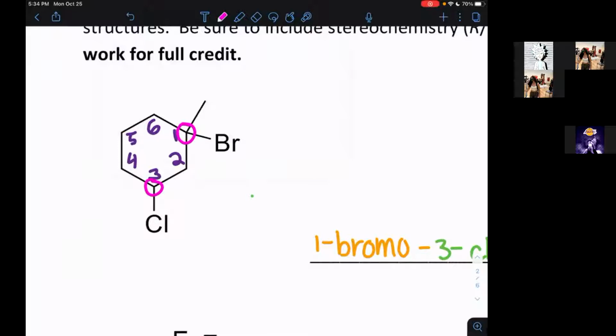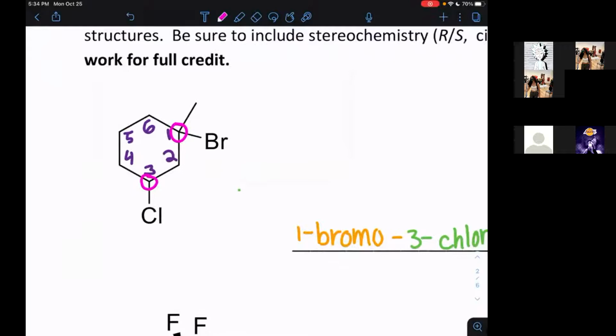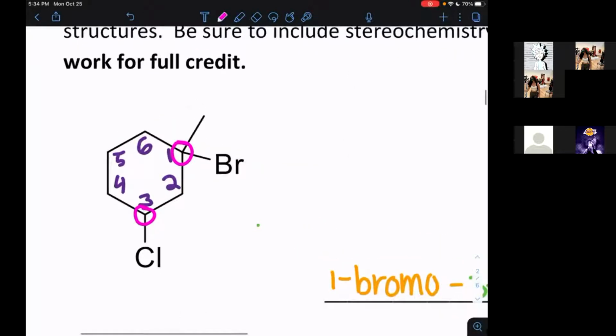You're not going to be able to define R and S though, because they have to be defined with wedges and dashes. So at least one of them would have to be. You wouldn't know how to prioritize which is a dash or wedge bond. That is true. So we will not do that.